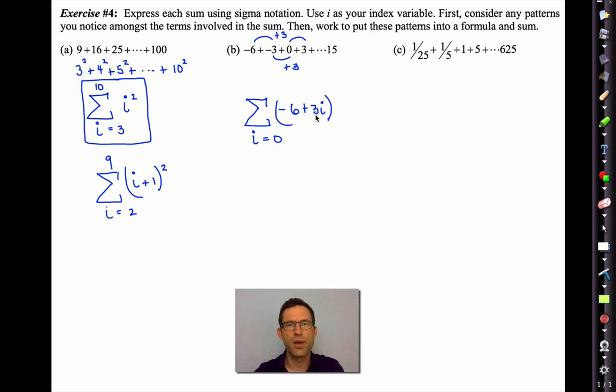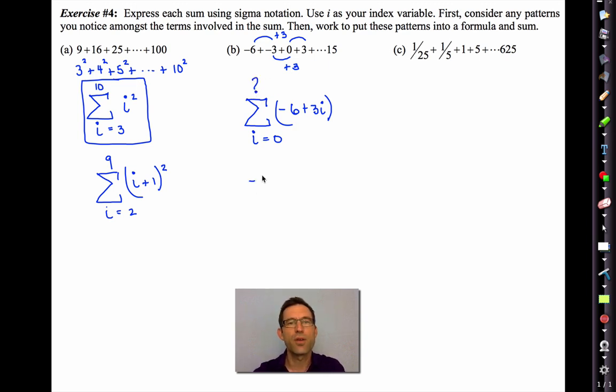Right? And think about that. If I put 0 in there, I'll get 3 times 0, which is 0, plus negative 6 is negative 6. Then if I put 1 in there, 3 times 1 is 3, plus negative 6 is negative 3. Put I equals 2 in there, 3 times 2 is 6, plus negative 6 is 0. So that's working out. The question is, what should be up here?